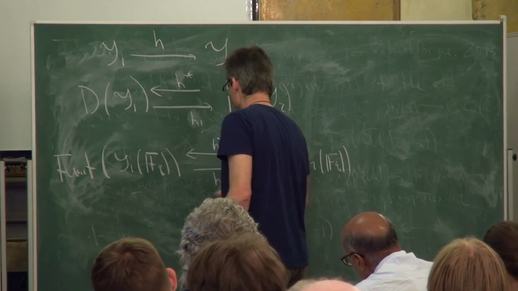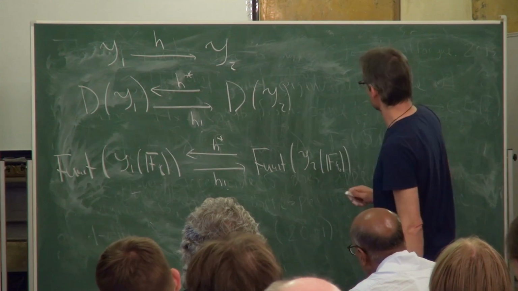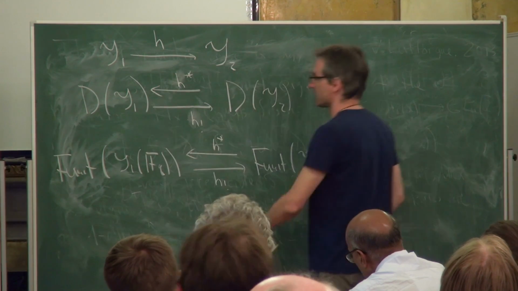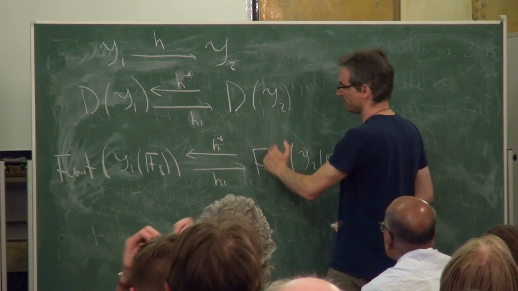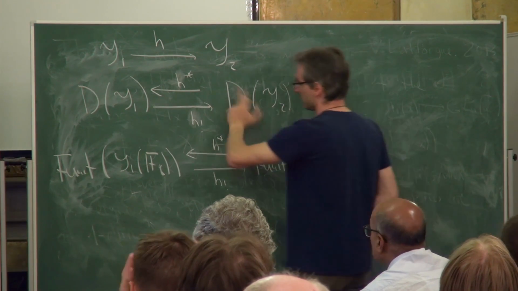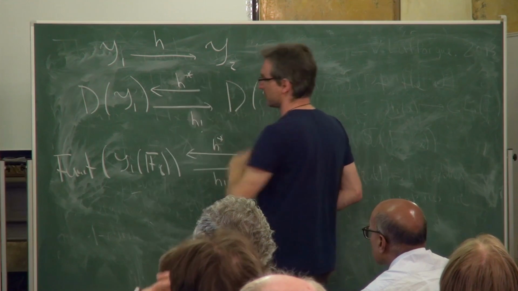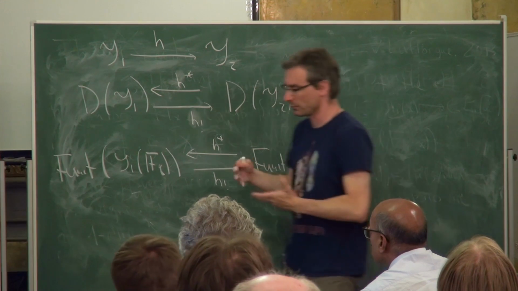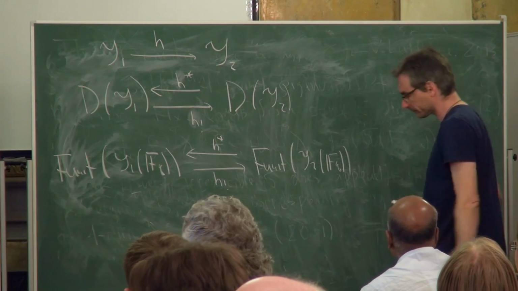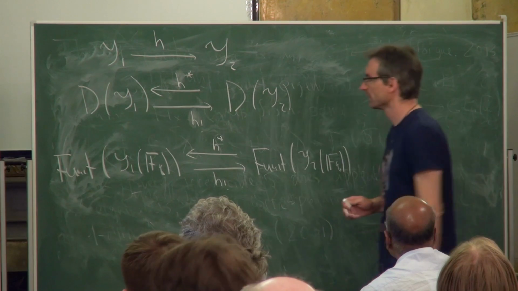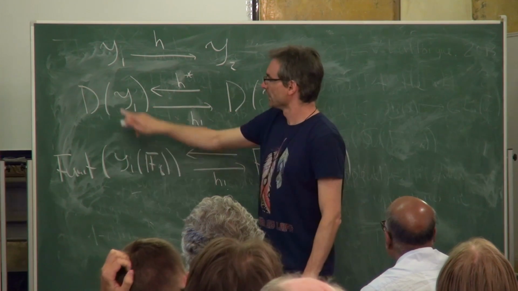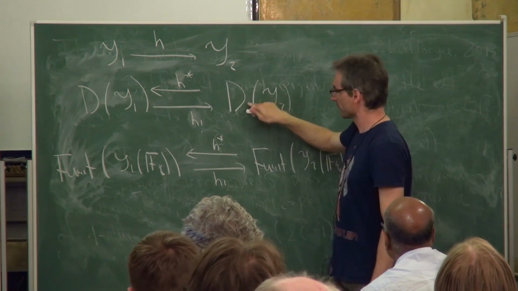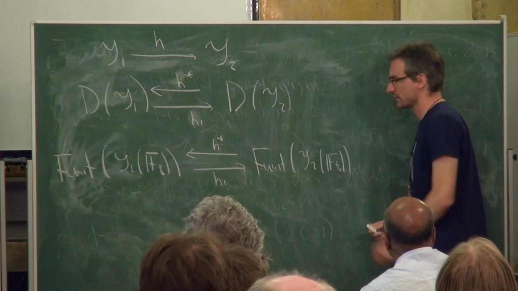And so the main feature of this assignment is that these operations are compatible. So if you start with a sheaf here, you can pass to a function and pull it back. It's going to be the same as if you pull back the sheaf and pass to the function. Well, this is more or less tautological from the definition, and what's a deep theorem, which is known as the Grothendieck-Lefschetz trace formula, it says that if you start with a sheaf, pass to a function and sum it up along the fiber, it's the same thing as if you push forward the sheaf and pass to the function.